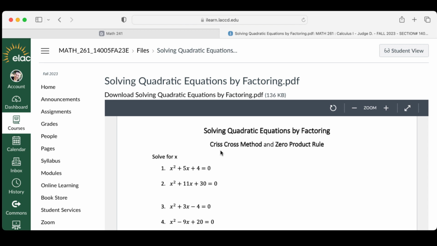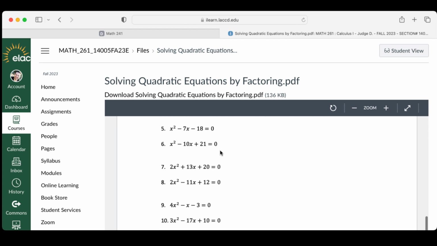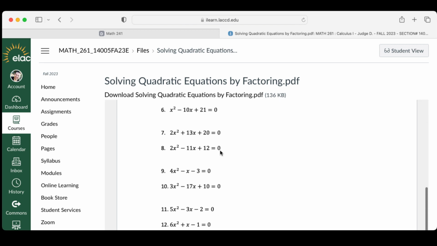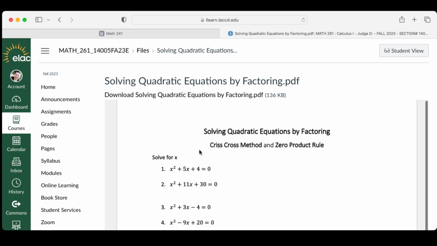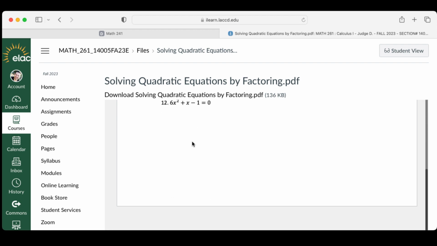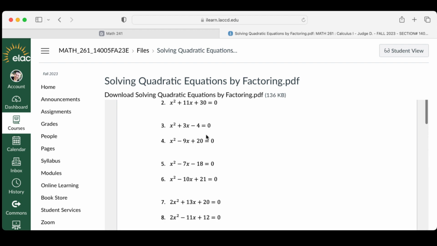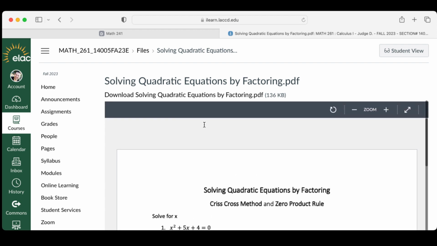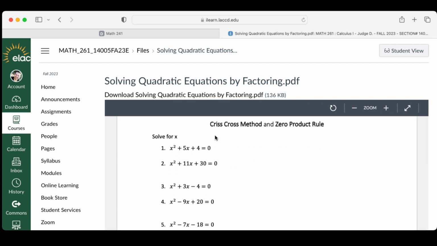Remember I promised I'd do a review for people in case they forgot how to factor, because that's going to come up. I'll give you that information there: factoring by the crisscross method, but also how to solve the equations using the zero product rule.